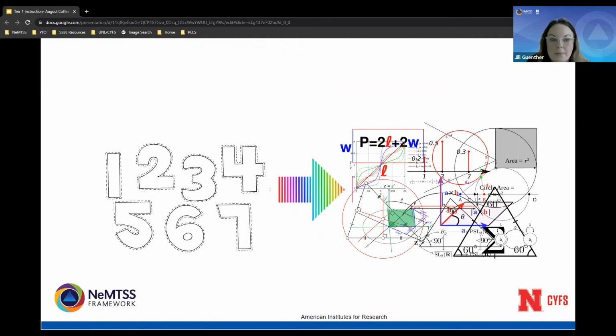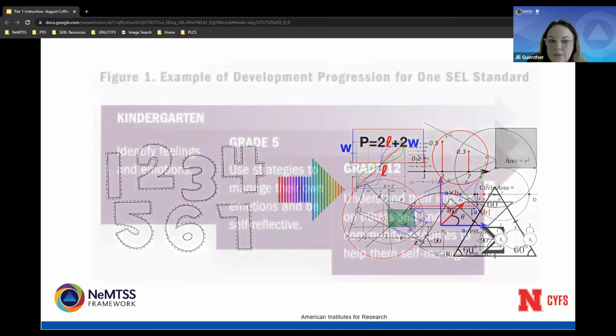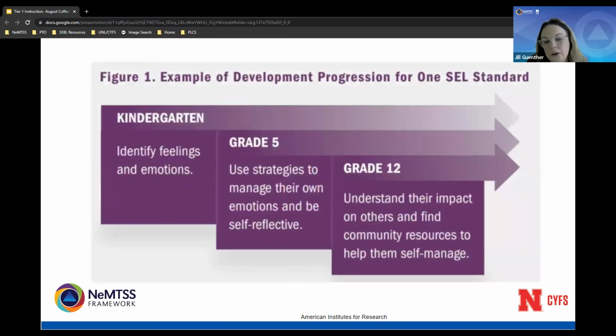And so, giving you guys some examples of that development progression, we have a nice little visual that moves from kindergarten to 5th grade to 12th grade with some examples of those SEBL skills. So in kindergarten, really working on being able to identify those feelings and those emotions. So that self-awareness and self-management, but we continue to build on those skills. So looking at maybe grade 5, being able to really manage those emotions.